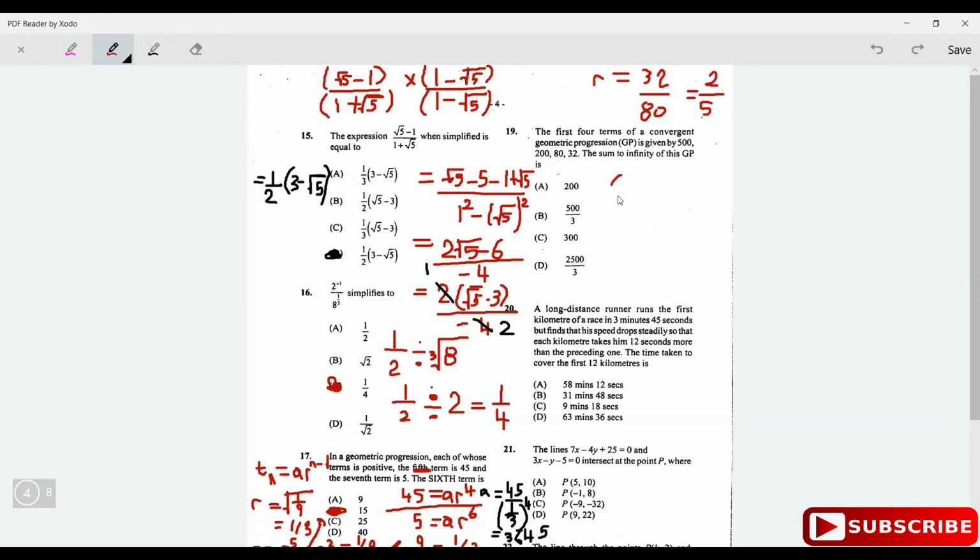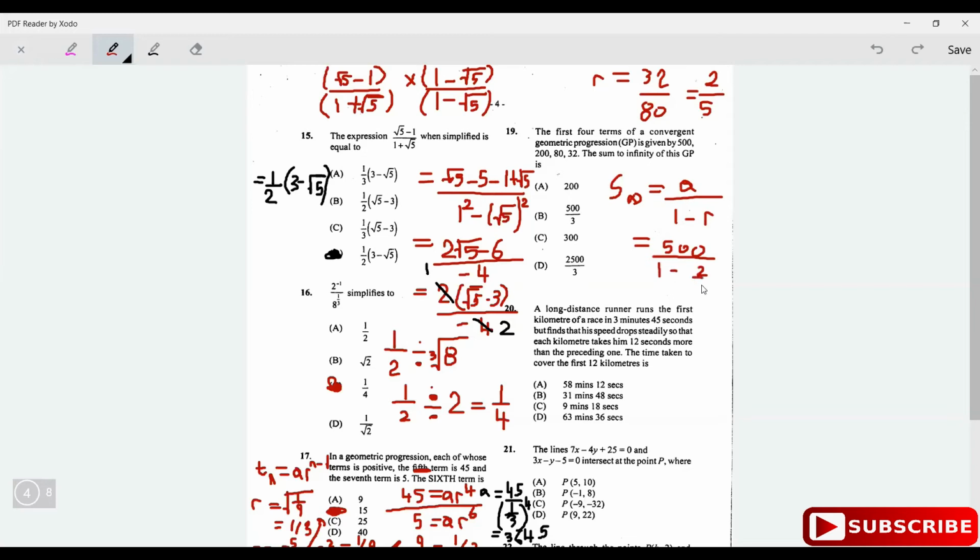And so now the sum to infinity is A over 1 minus R. That's the formula for sum to infinity. And so in this case, sum to infinity is A, which is 500 divided by 1 minus 2 over 5.